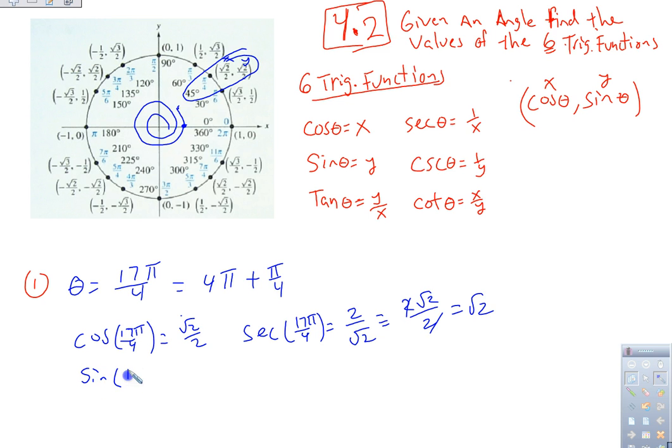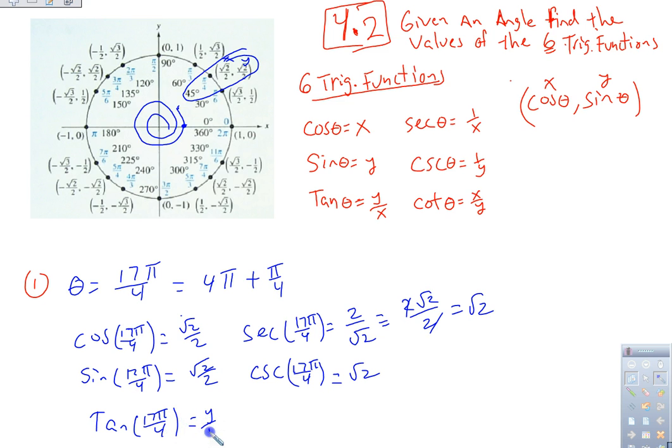Sine of 17 pi over 4 is equal to, let's see, the y value, radical 2 over 2, the same thing. And its reciprocal cosecant should be the same then, radical 2. Tangent, which is y over x.